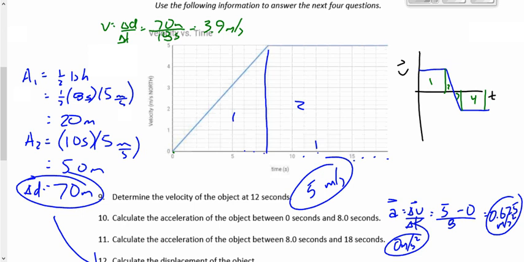It's like you're driving to Edmonton at 100 kilometers per hour for 3.5 hours, but then you stop in Red Deer for 5 minutes and you're going 0. Your average velocity isn't 50, right? Because you're going at 100 for longer. Because you're going at 5 meters per second here for longer, it's closer to 5 than it is to 0. We can't just say 2.5. Okay, the only way that works is if it was just one straight uniform line like we had in the last 2 questions. Okay, so just watch that. This way always works. That way sometimes works. Good.